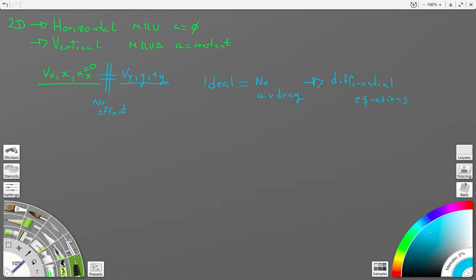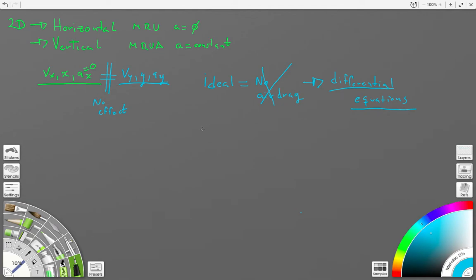It is possible to take air drag into our kinematics, but that would be through differential equations, and we are not quite ready to work with those. So we'll keep with the simple stuff, with no air drag.